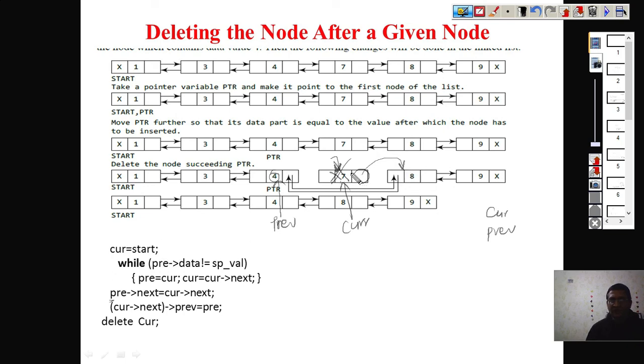So before I delete this node, I will pick this address and write it here, so that this node can connect to this node. What I am doing here is writing the current next to the previous next. You can see the value of current next I am writing to the previous next. With this I am able to connect this node to this node.